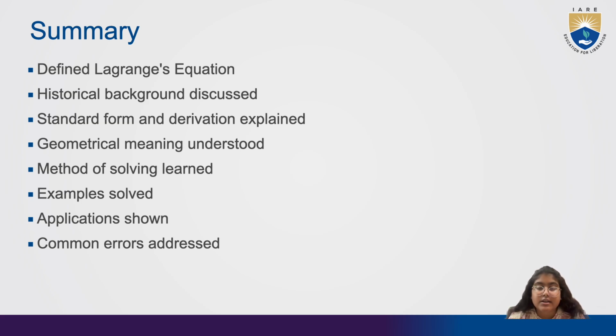We also learned the systematic method of solving it using auxiliary equations. We walked through two examples, saw where Lagrange's equation is applied in real life, and finally discussed some common mistakes to watch out for. I hope this presentation gave you a clear roadmap for understanding and solving problems involving Lagrange's linear equation.